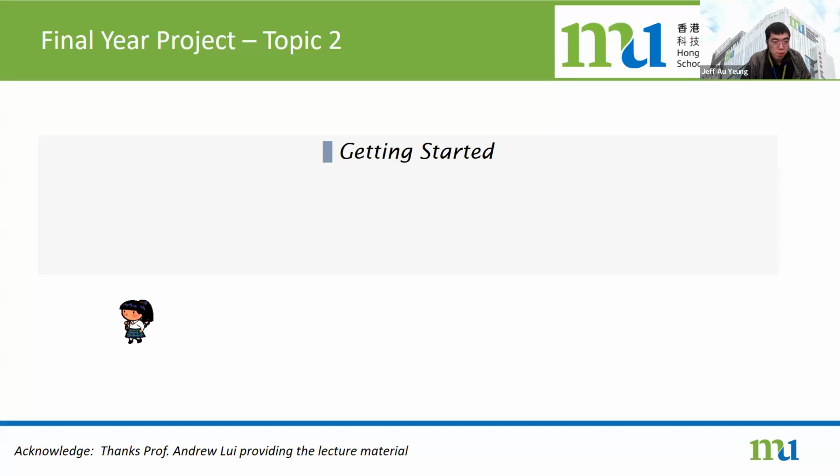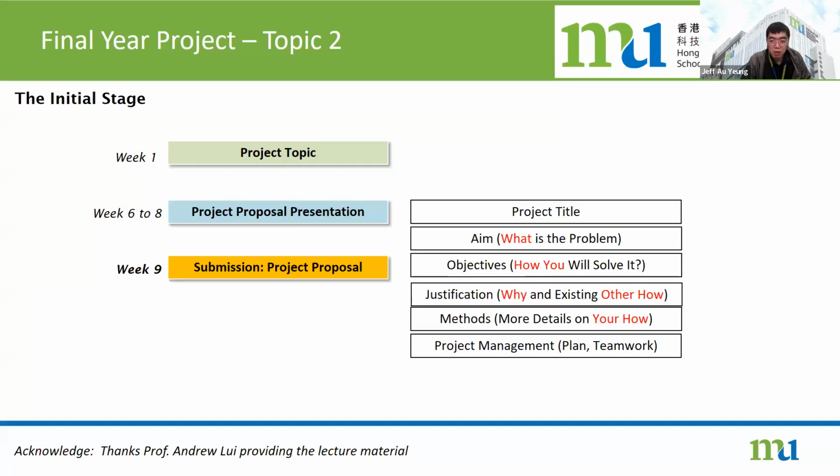What we are going to do today is go through some practical issues that you have to deal with in the beginning of the FYP. Suppose you are now getting the project topics.